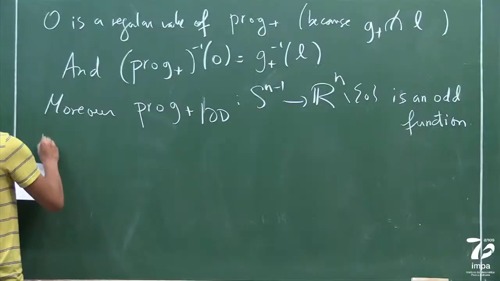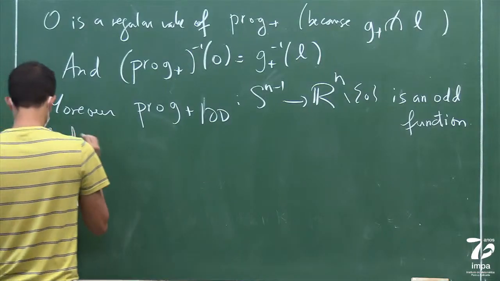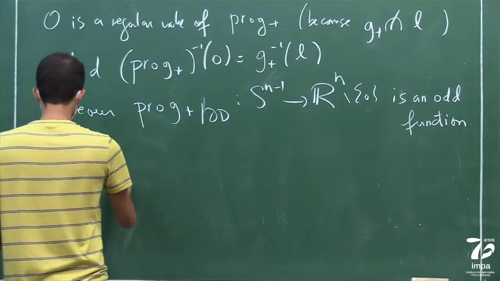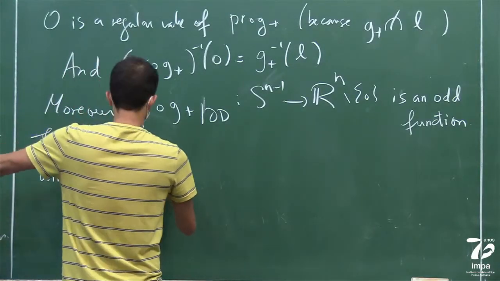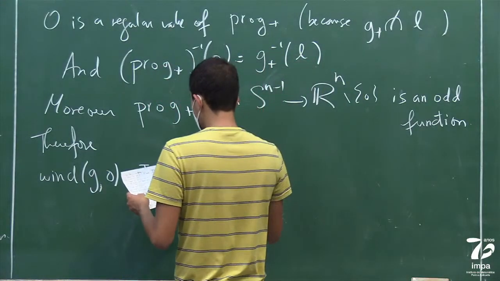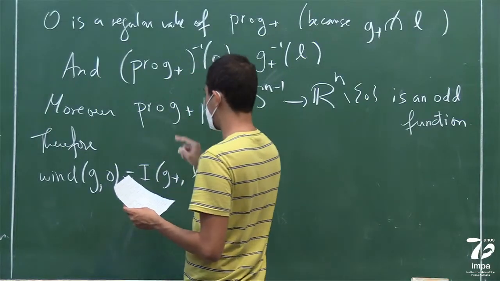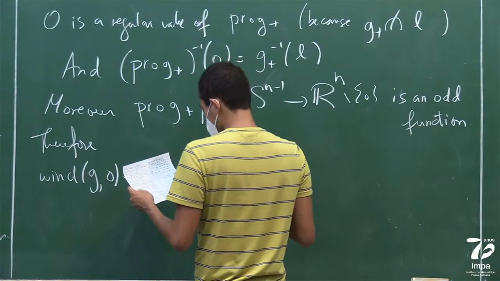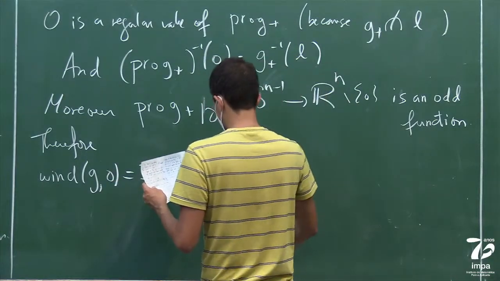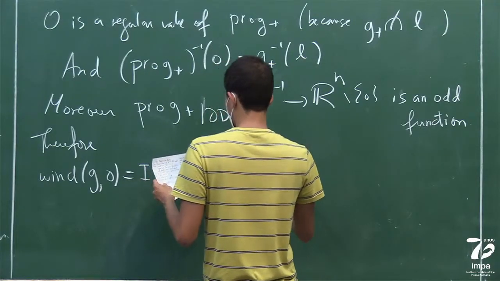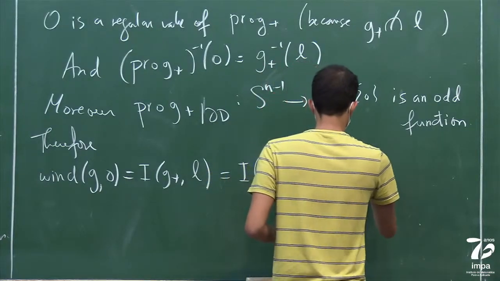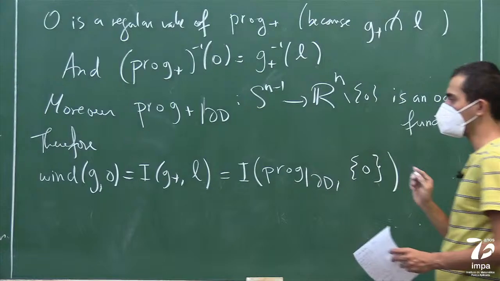So then, therefore, we have that the winding number of g with respect to 0 is equal to this I of g plus with L. And that's going to be equal to the number of preimages of this guy. Or let me write it like this: this is I of PR composed with g, the number of preimages of 0.